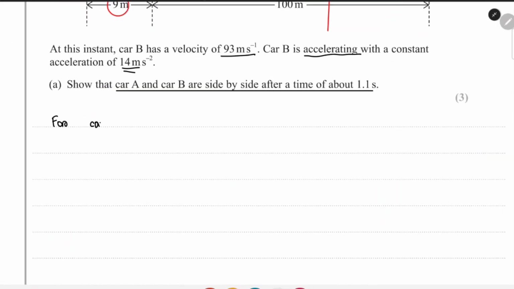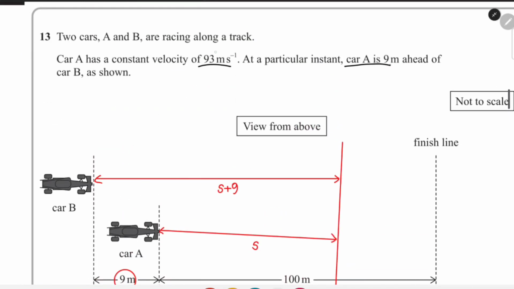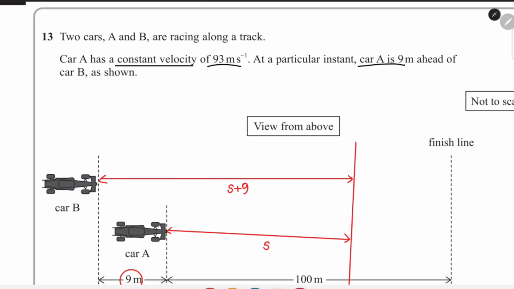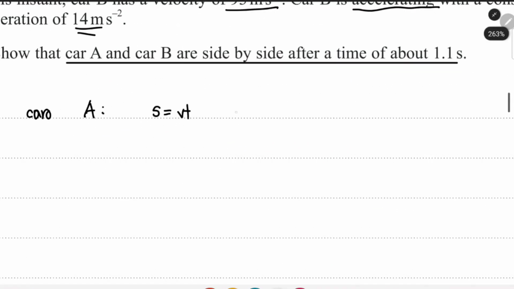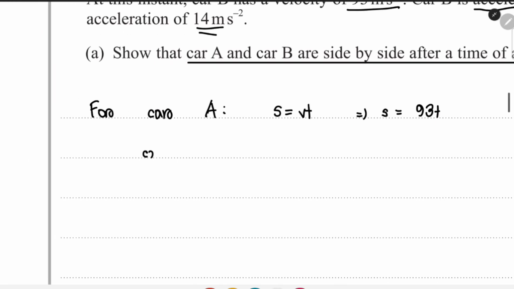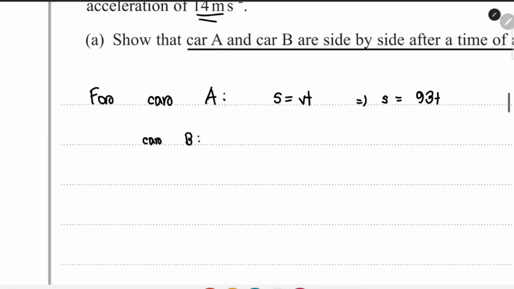So for car A, s equals vt, since it's traveling at a constant velocity, while car B is accelerating. So we just have s equals 93t. Now for car B, the distance that it covers is s plus 9.